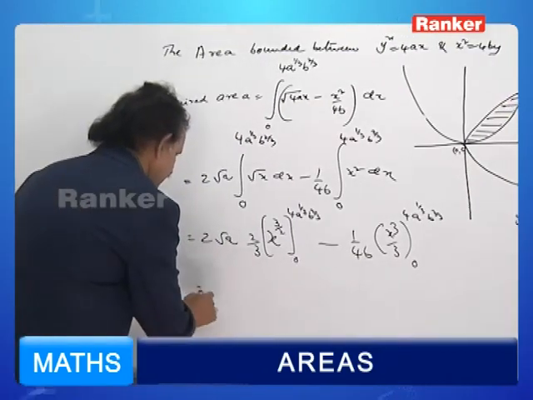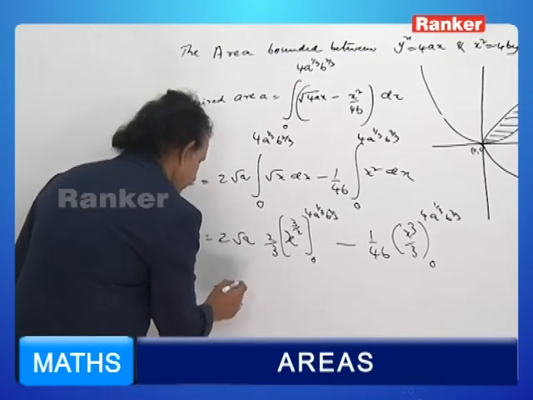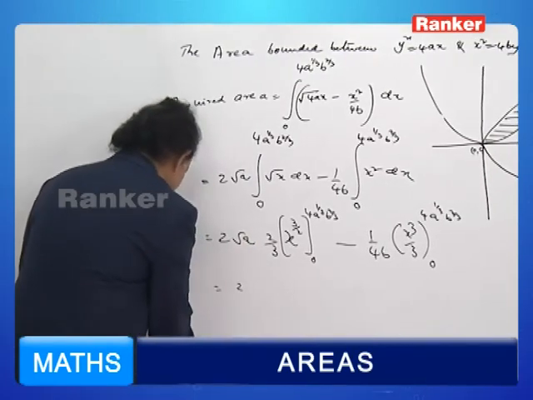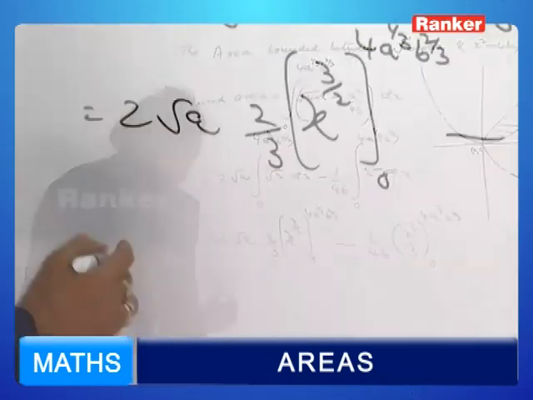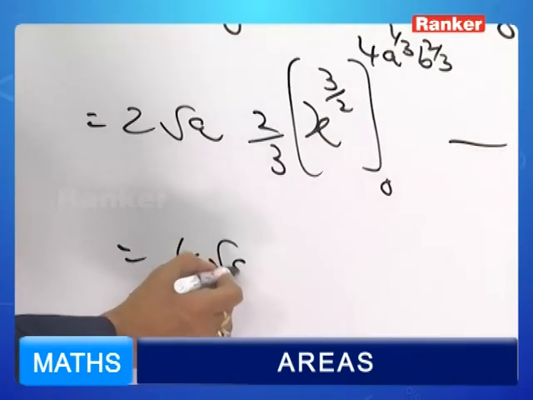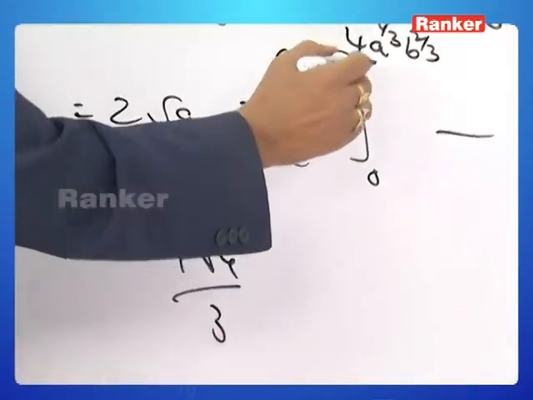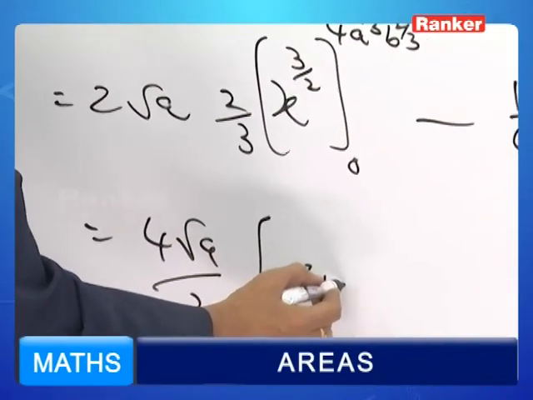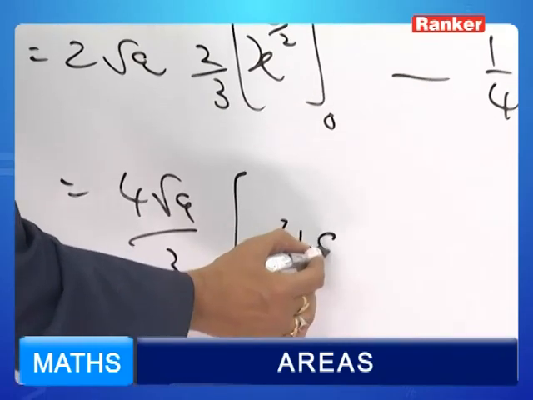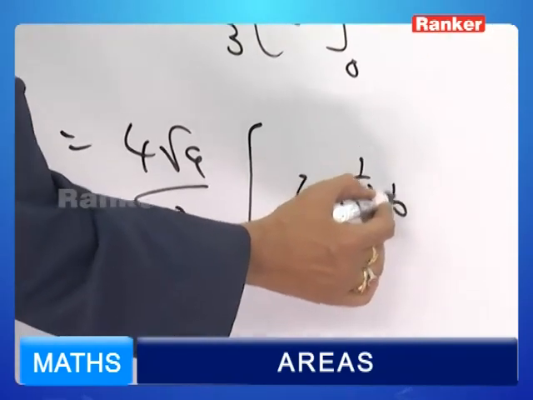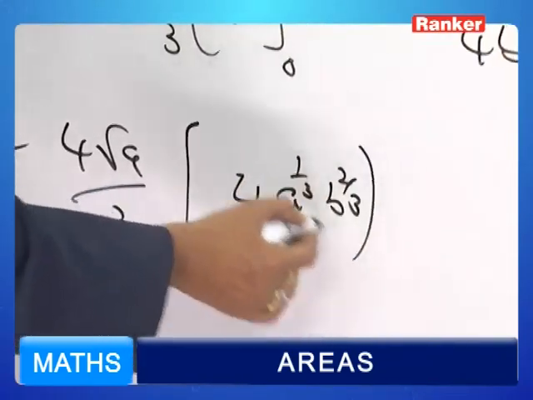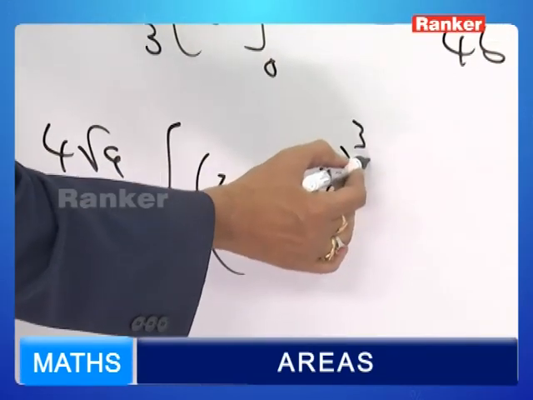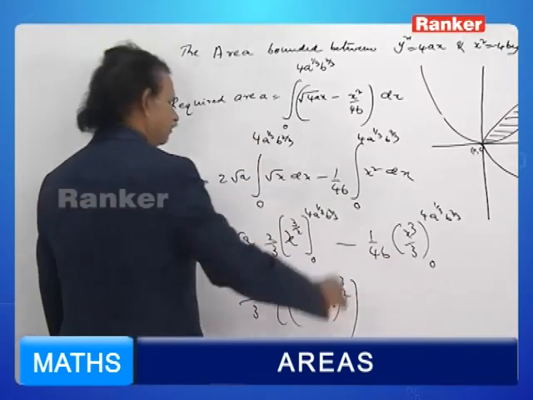All together this is 2 root a into 4 root a by 3 into, you put here 4 a power 1 by 3 b power 2 by 3 whole power 3 by 2 minus 0.